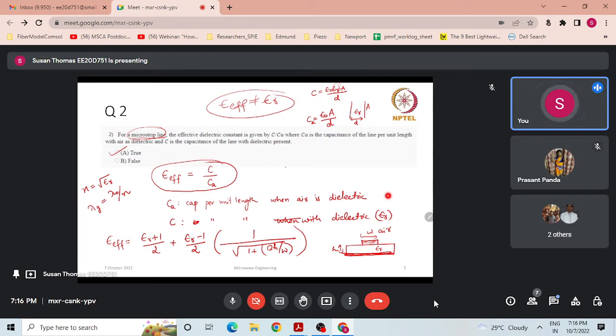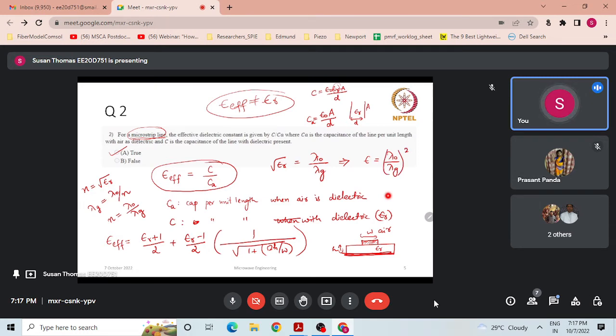Or I can say n is equal to lambda naught by lambda g. You already know that n is root epsilon r. So root epsilon r is equal to lambda naught by lambda g, or I can say epsilon r is equal to lambda naught by lambda g the whole square.